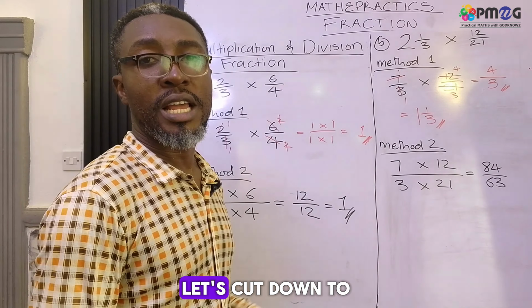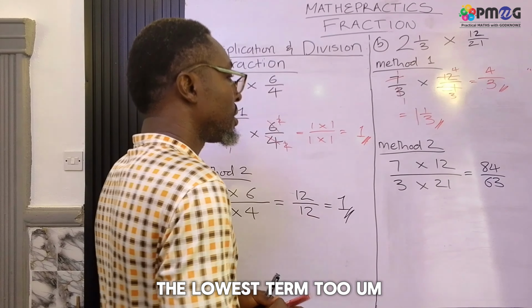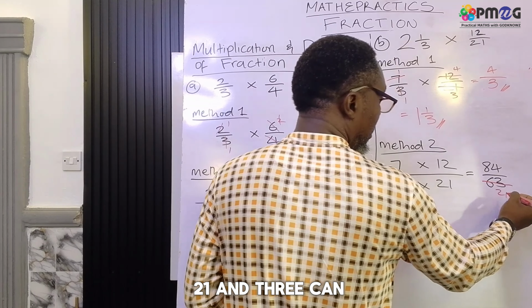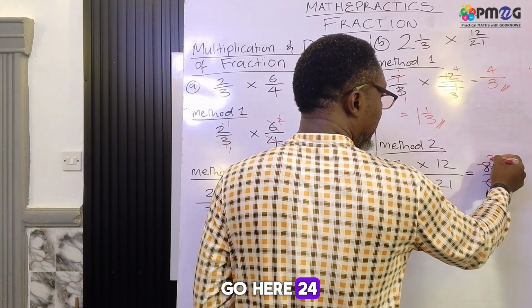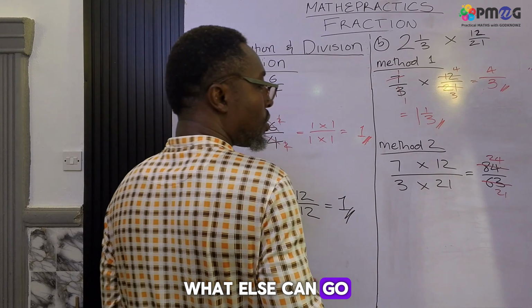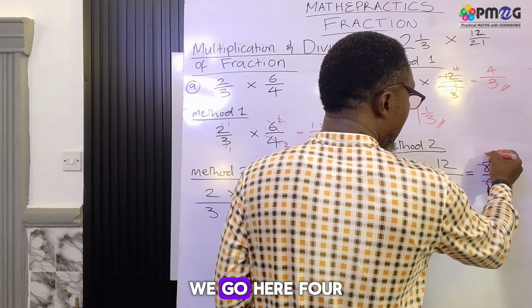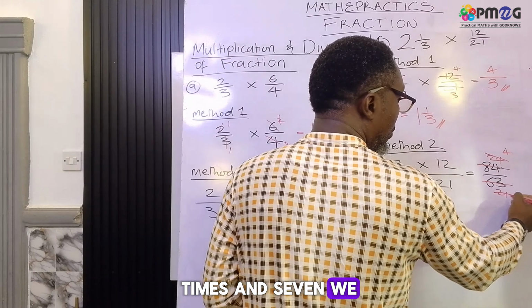So let's cut down to the lowest terms too. 3 can go here, 21, and 3 can go here, 84. What else can go? I think 7 can go. 7 will go here 4 times and 7 will go here 3 times.